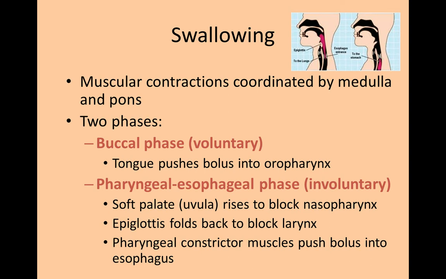The epiglottis of the larynx will fold back and cover up the glottis, and therefore the air passageways into your lungs, so that you don't get food down in your lungs. And then a variety of muscles lining the pharynx, called the pharyngeal constrictor muscles, they're smooth muscles, will push the bolus down into the esophagus itself.